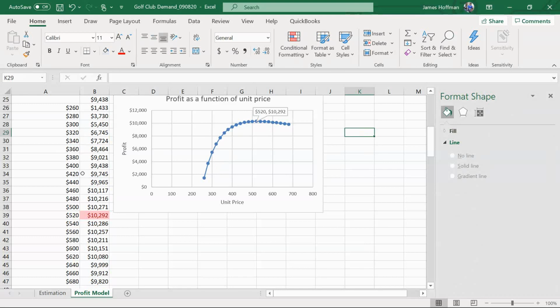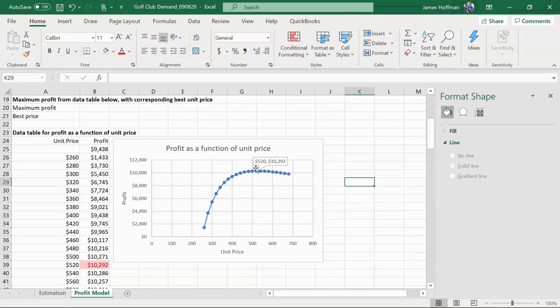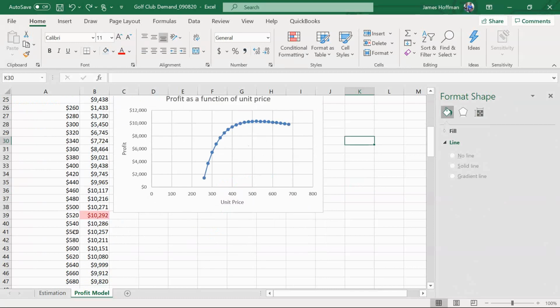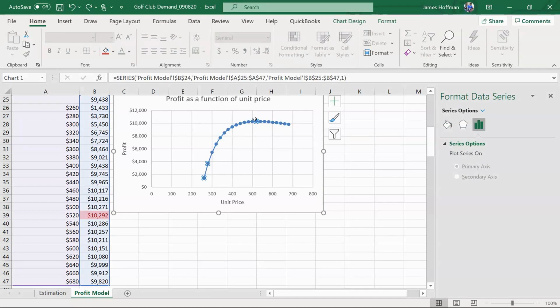Okay. Sorry, how did you make it a callout like that rather than just a text box? Oh, so let me do this part again. Okay, so we know that the point we want to reference or call out is 520, 10,292. So you have to find that spot on the graph by hovering over, which is right there, and you want to use the mouse to select only that. So if you click once and click twice, you should be able to get that.